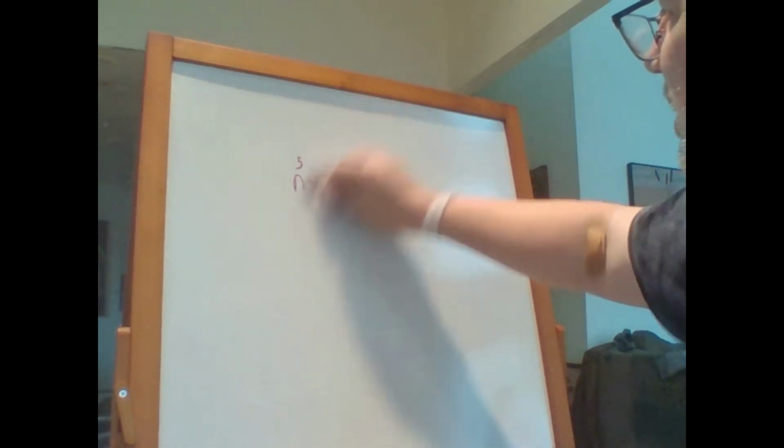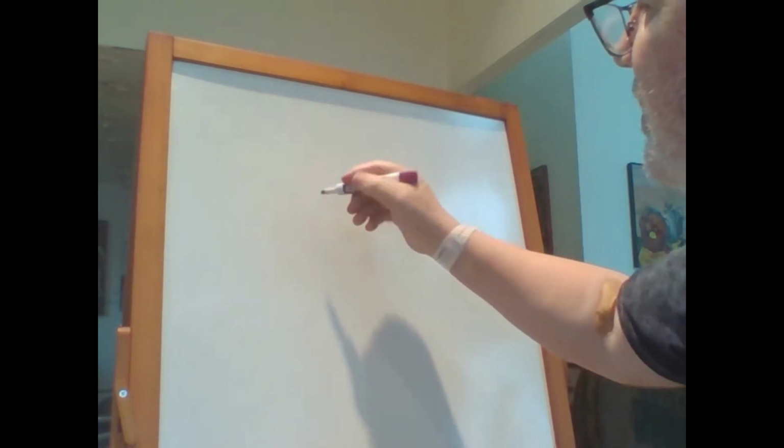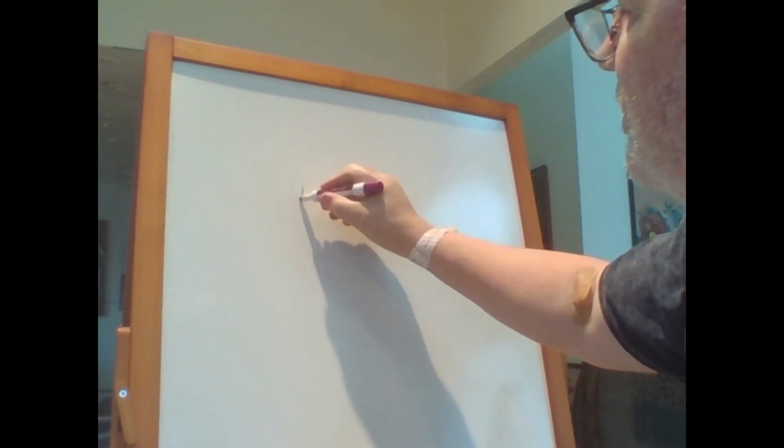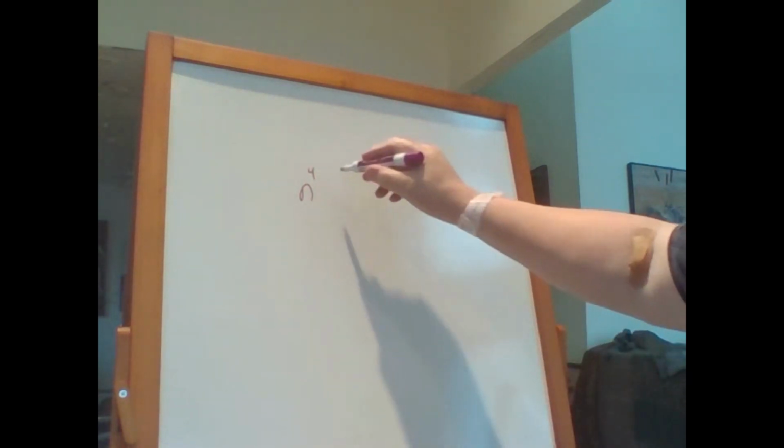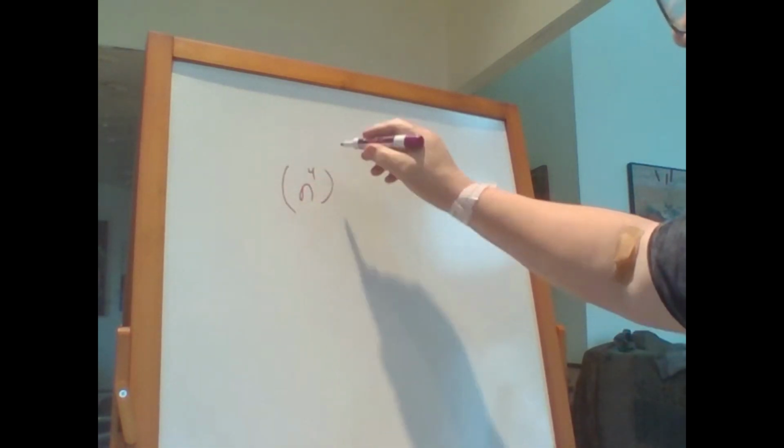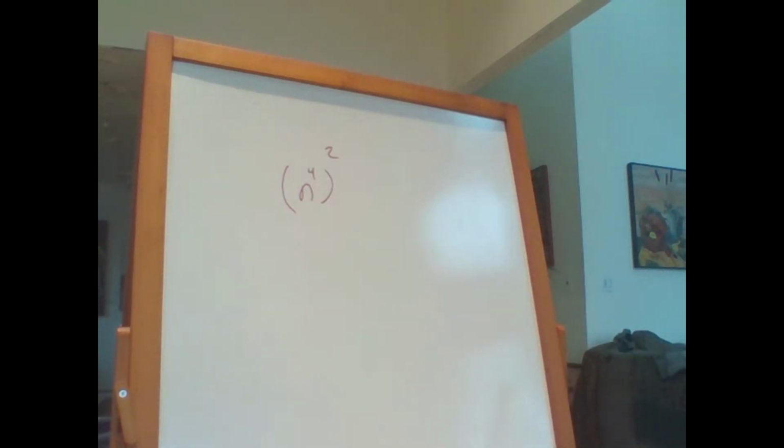Now, what if we had n to the 4th raised to the 2nd power? Well, what does that mean?